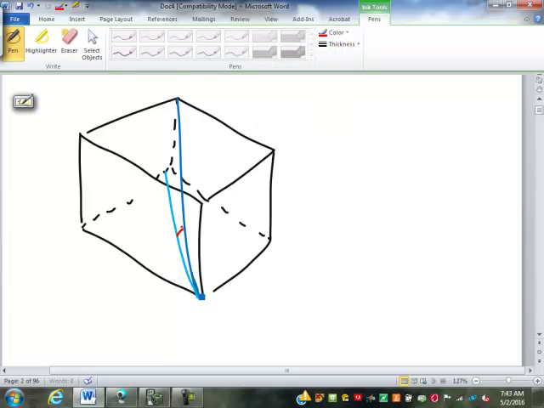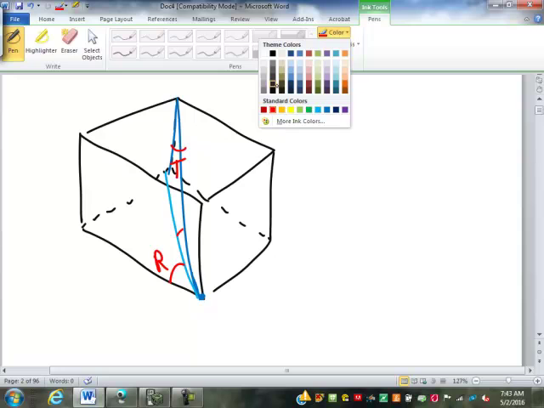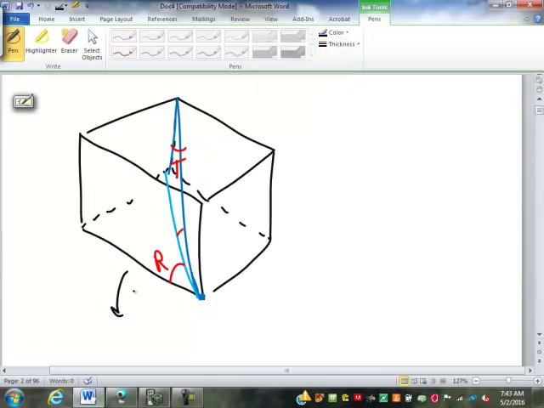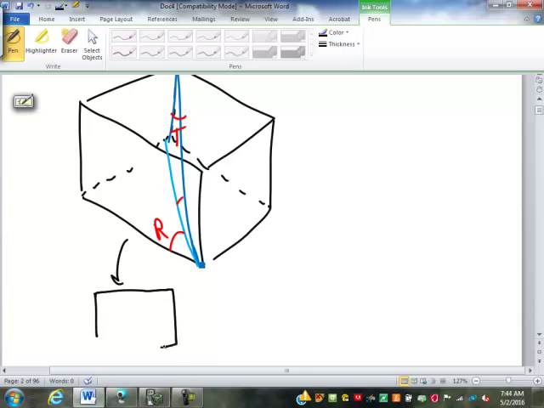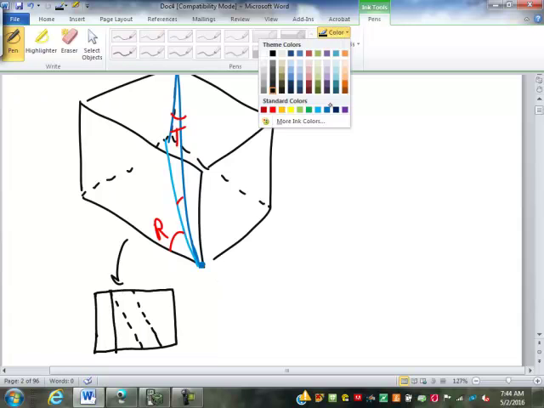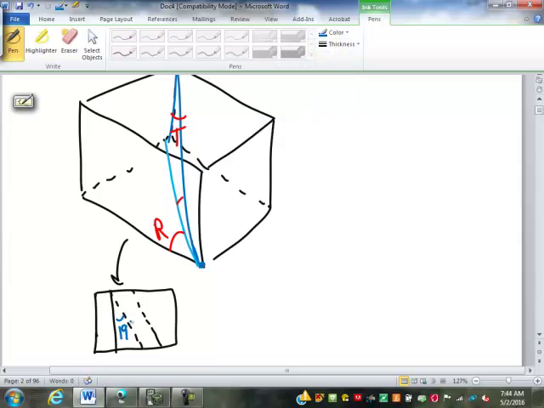So I want you to find, oops, this is the angle here that I actually want to find. Angle T and angle R. If I give you that this view has an angle here of 19 degrees, and this view has an angle here of 23 degrees.